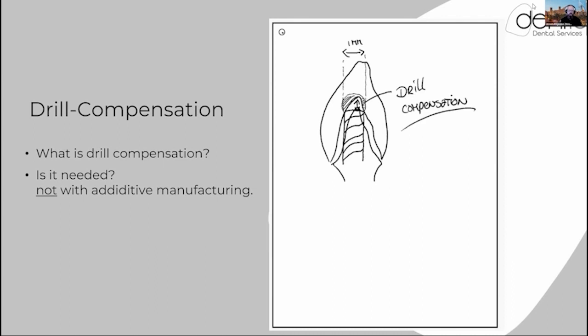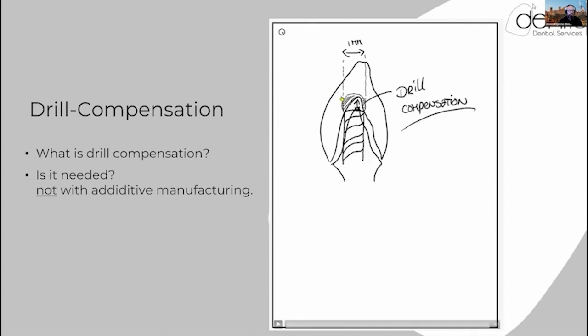Because it hollows it out from the inside, we have less space, and I hope people can see my mouse, from the incisal, from the labial area to the inside of the preparation. Now you can see my mouse, sorry.